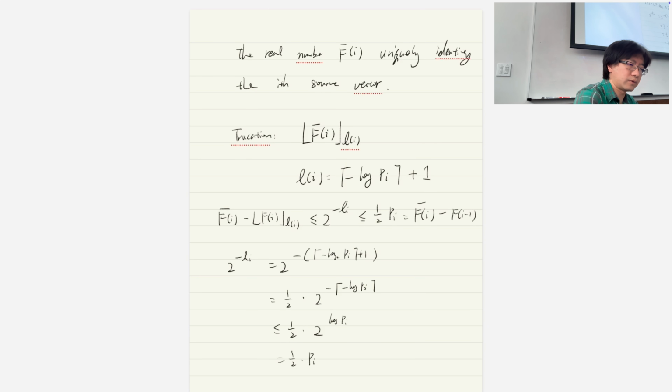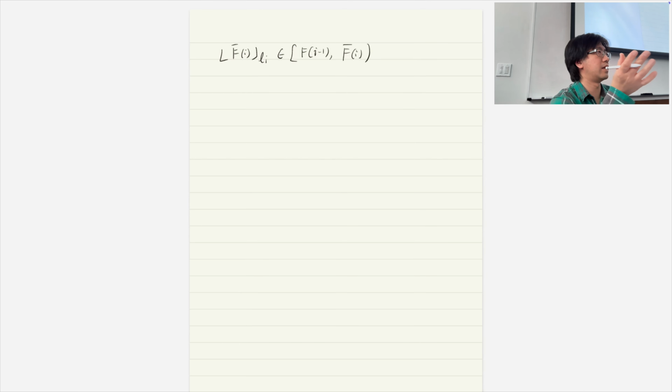All right, so then we could conclude that this guy, F-bar's truncation to L_i bits, is in the region between this and that, right? Then this basically means that every code word will be in a unique interval, right?